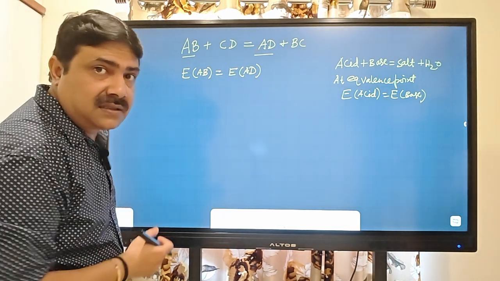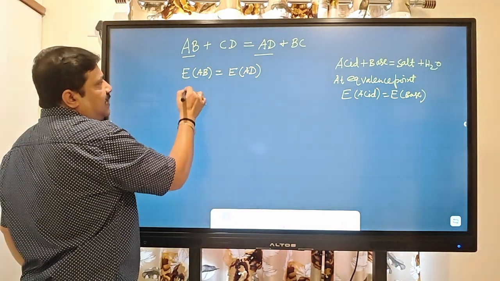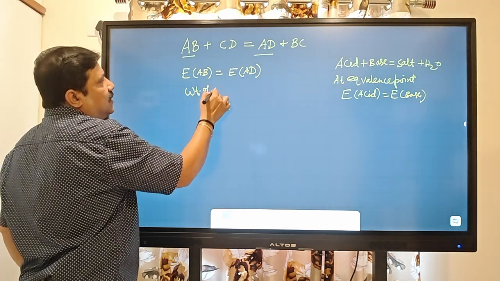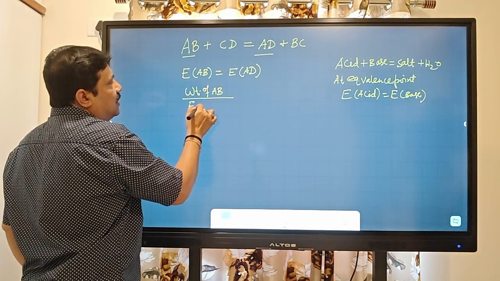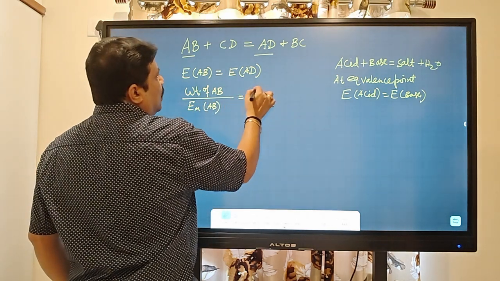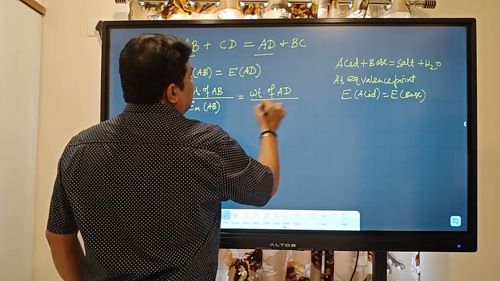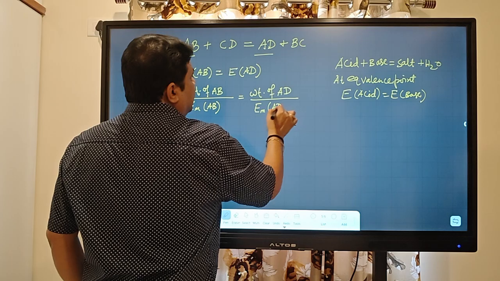Now, here we equated the equivalents, so I can write weight of AB by equivalent mass of AB, in the same way weight of AD by equivalent mass of AD.